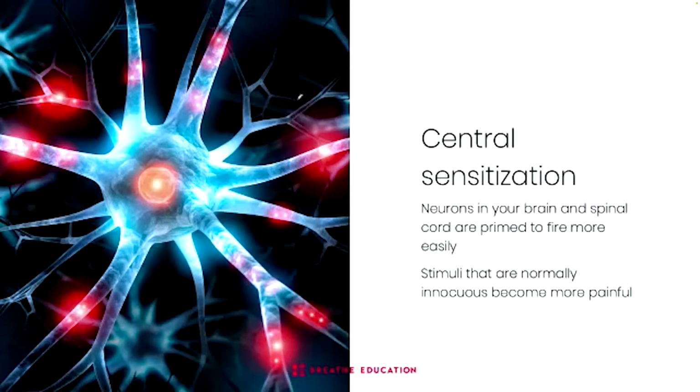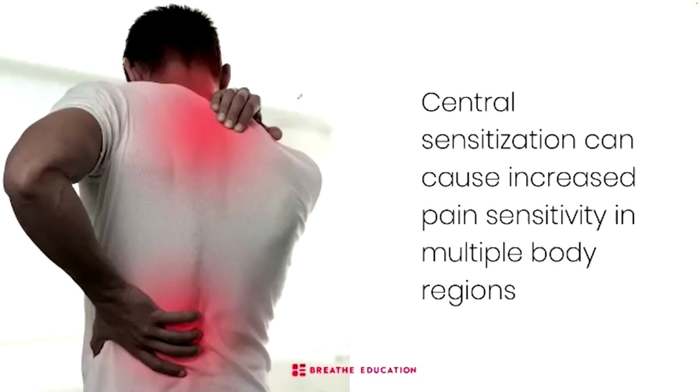Now think about it: when it's the nerves in your brain and spinal cord, they control your whole body, right? So you can get increased pain sensitivity any and everywhere. If your brain is more sensitive to pain, you can get more pain anywhere your brain wants. In your liver, in your little toe, in your fingers, in your eyeballs, wherever.